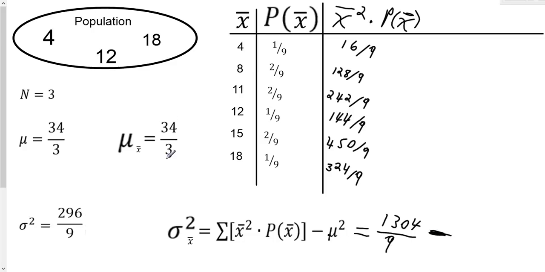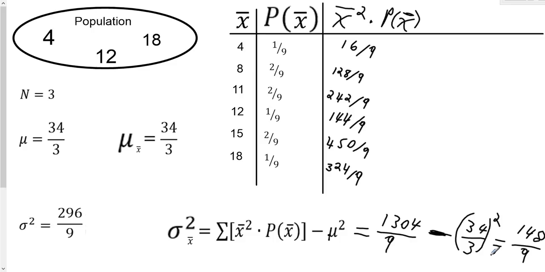Remember, mu was 34 over 3, so I'm going to need to subtract 34 over 3 squared. And what we get there, after doing all that calculation, is 148 over 9.